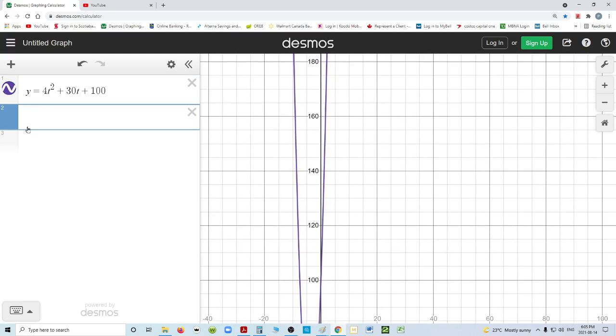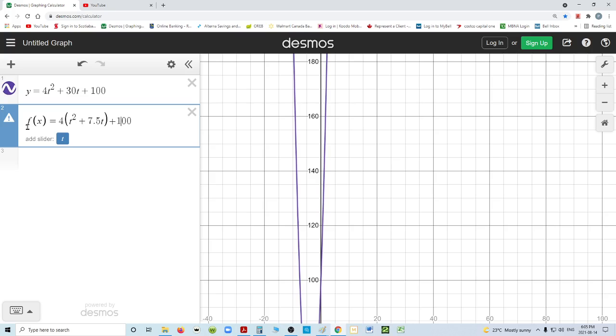So when I complete the square, I get this. 4t squared. Oh, I know what I did wrong. It's plus 100 over there. I wasn't supposed to touch the 100. Not plus 25. So if I complete the square, this is what I'm left with. Where I'm just taking the 30 out of this.